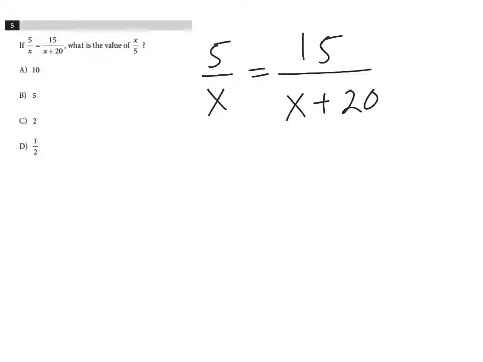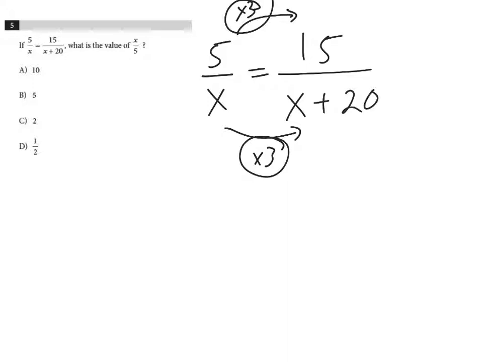I could just look at this and see that, oh, I know that 5 times 3 equals 15, so I know that x times 3 must equal x plus 20. Okay, that's one way to solve it. It might not be totally clear what this scale factor is, so you may have to solve this with another method.